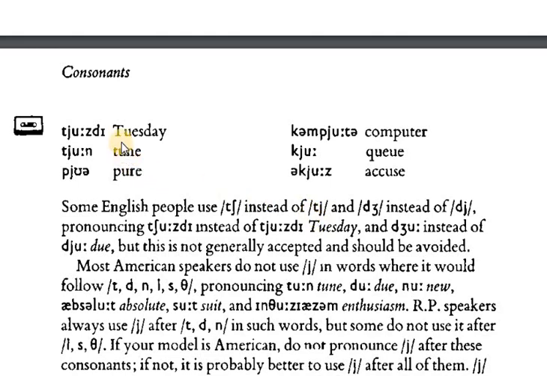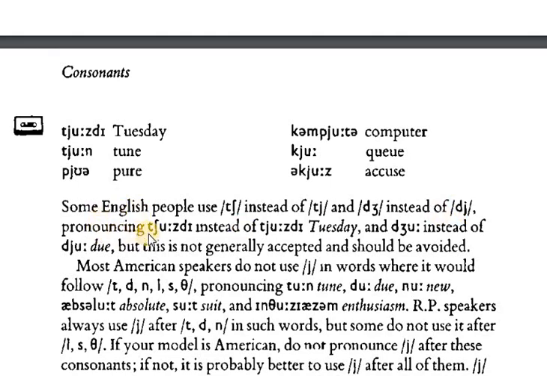Some speakers, instead of saying Tuesday, produce ch instead of t and j instead of d before y.